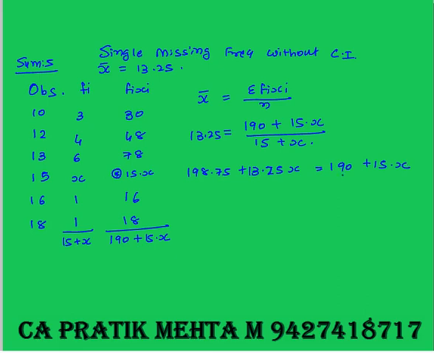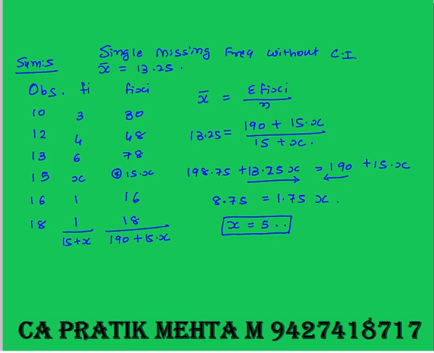Now numbers on one side and terms with x on the other side, so it will become 8.75 is equal to 1.75 into x. So x is equal to 5. That is how we can end up with the example of single missing frequency without class interval.